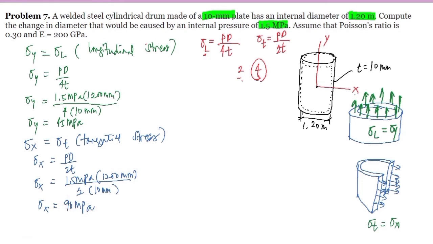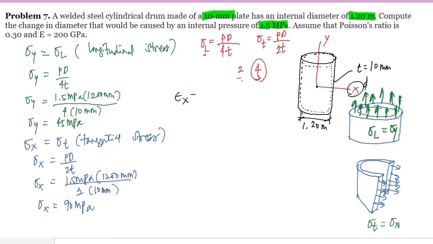So since we are interested in the change in diameter, we are going to compute for the strain along the x-axis, since along the x-axis we can find the diameter.